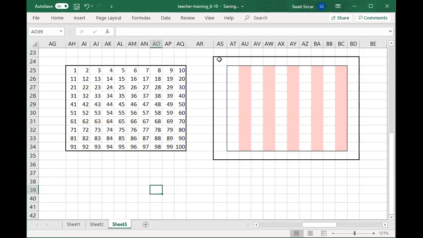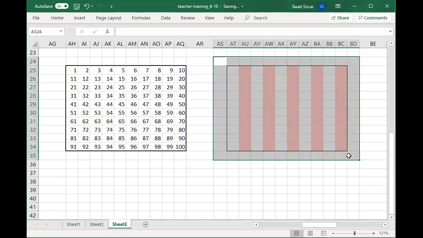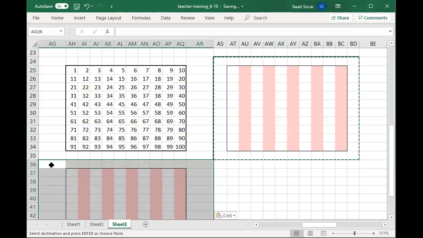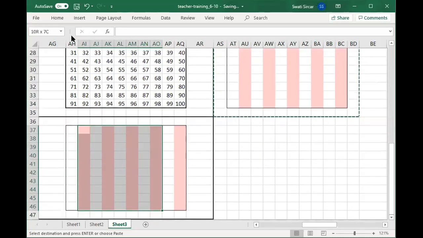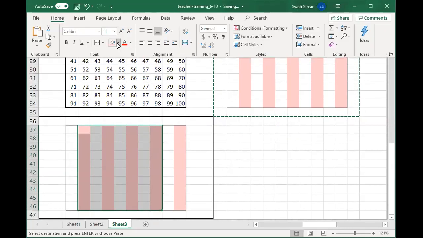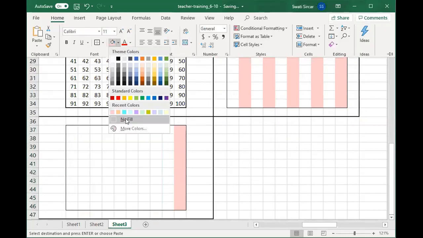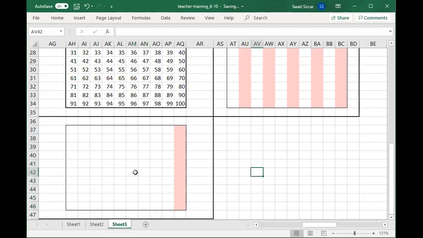And similarly, you can make similar grids for others, so this will be the grid for 10. Okay, and similarly you can make a grid for each of these numbers.